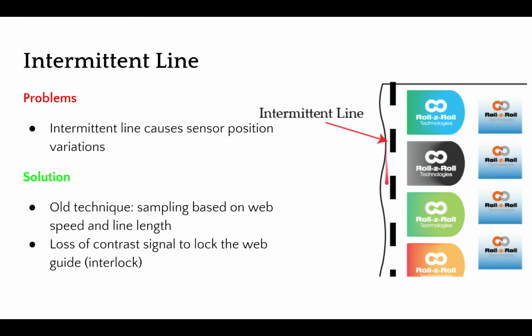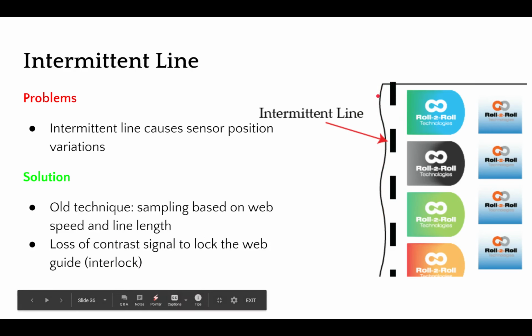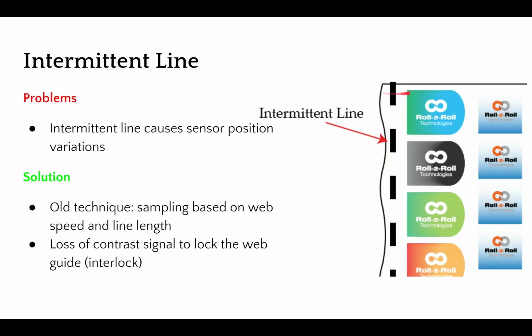Now, the only drawback with that is if the web moves so far that you are outside the viewing area of the line, then that's a problem. How do you avoid it? Well, you have a wider sensor. If you have a wider sensor, let's say a 4-inch sensor, and the web is known to move less than 2 inches, then there's no way you will miss this line in that case.